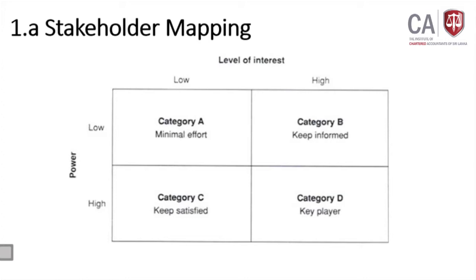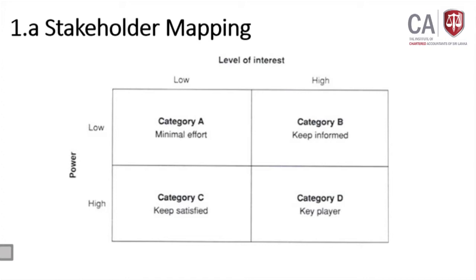Under each variable, we identify two options, low and high options. Within the level of interest, low, other one is high. Within the power, low and high options.